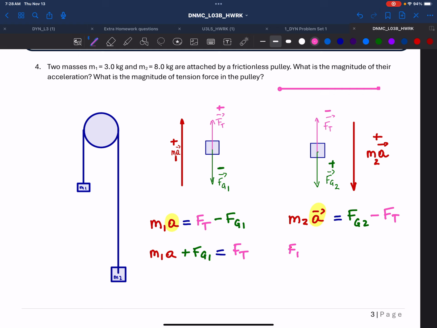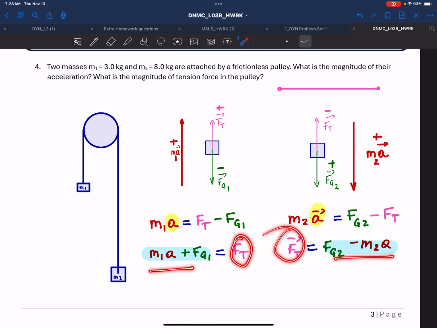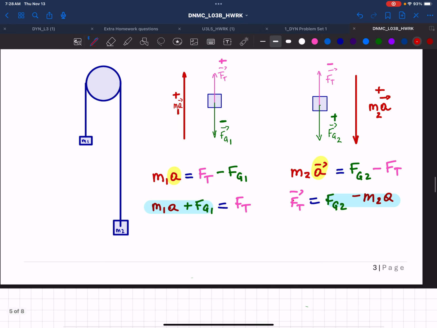So the force of tension in this case is going to be equal to the force of gravity minus M2A. So we have two equations for Ft, this one here and this one here. We're talking about the same quantities, so we're going to equate the other sides of Ft.